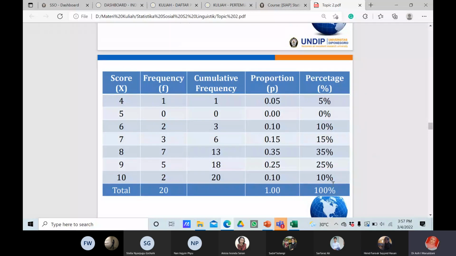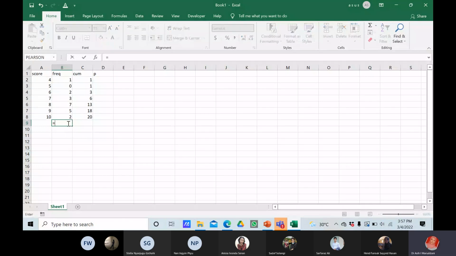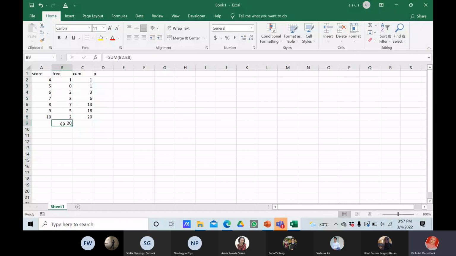No, thank you. Then for proportion in Excel, you can use this formula. You can sum the frequency with the formula in Excel. I think we can block and click the notation of summarize, sum. It's 20.